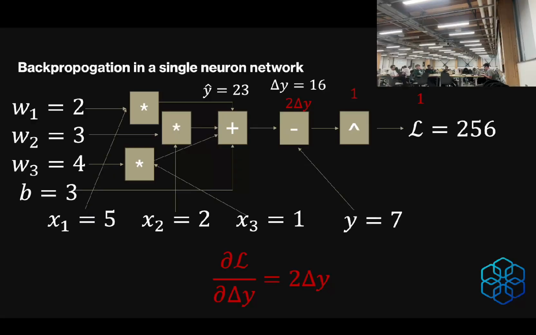So we don't really need to use the chain rule yet, although we could have composed it. All right. Then we need to move on to the second element in the chain, and that is y hat. So we did the derivative of, this marker sucks.